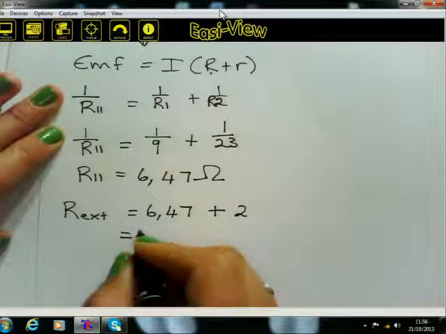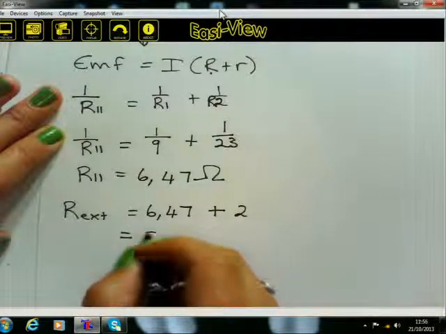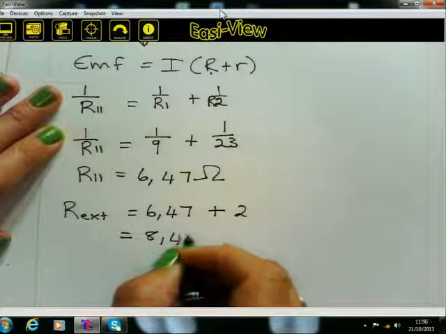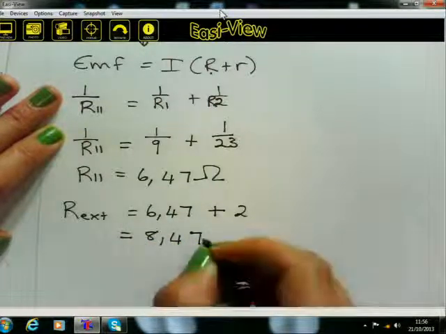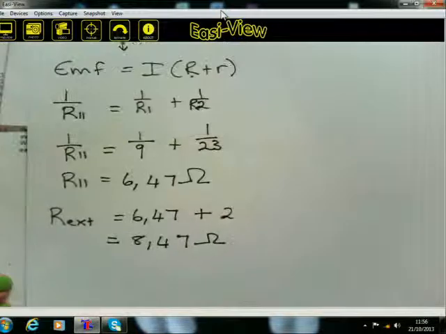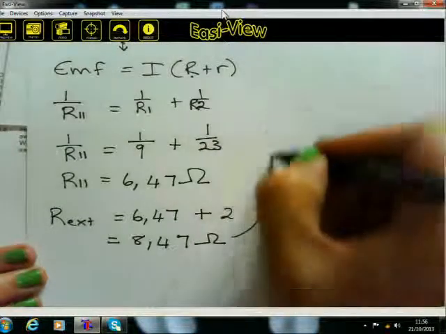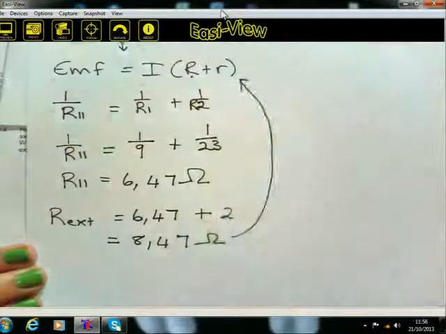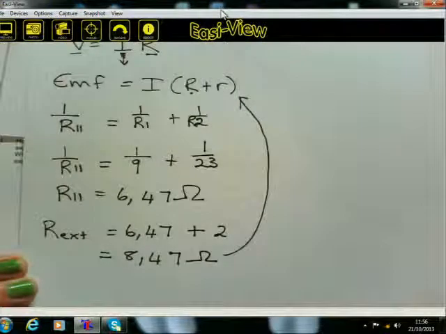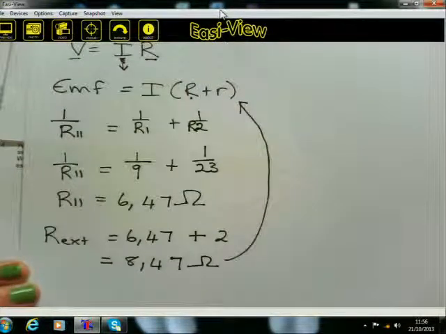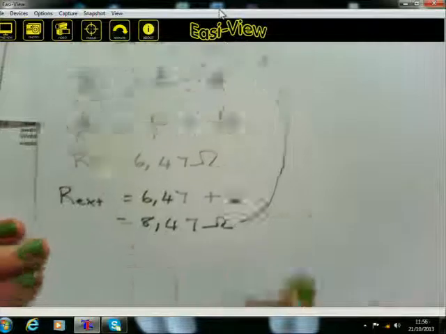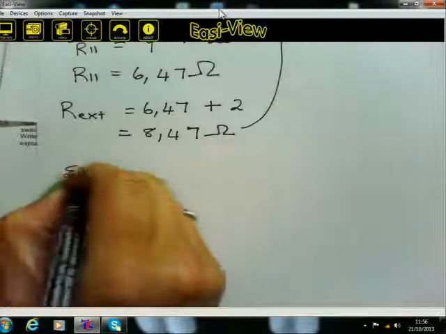They say we take out the 9 ohm resistor and we put in a wire with no resistance. So what you're doing is you're forcing all the current to only take this path, because that path is too hard. There's too much resistance there. This path, this branch here, has no resistance.